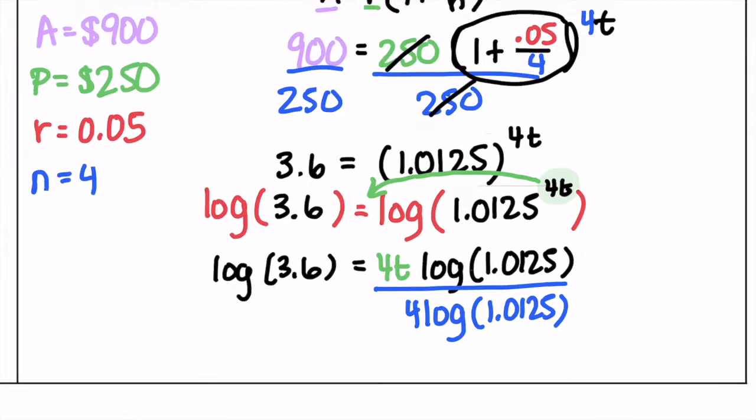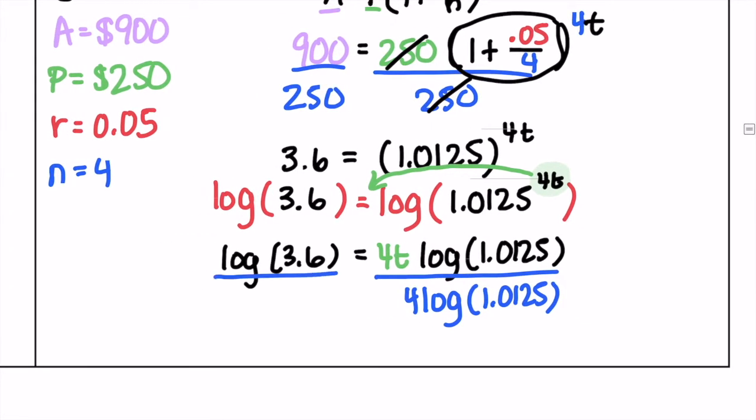If you do this in your calculator, make sure you do it in one step, not dividing by log and then dividing by 4. Use parentheses around your 4 log of 1.0125 in your calculator.